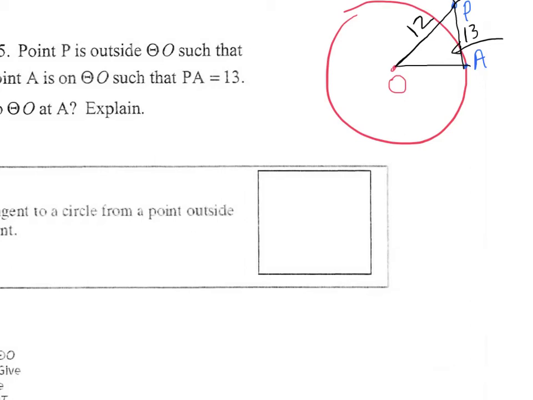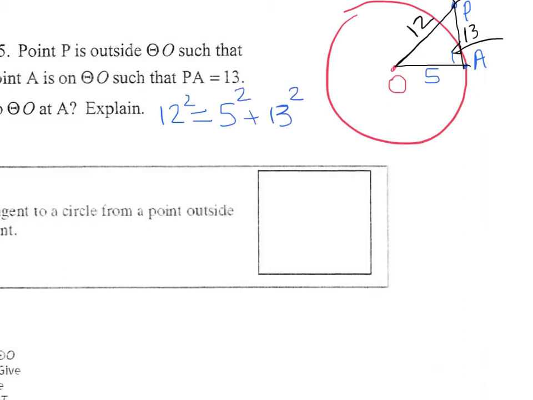So 12 squared, because that would have to be the hypotenuse if this was a 90-degree angle. We don't know that yet. I'm just drawing it to say if it was. 12 would be the hypotenuse. So 12 squared would have to equal 13 squared plus something. Oh, the other one was 5. The radius was 5. We missed that one. Sorry. Plus 5 squared.